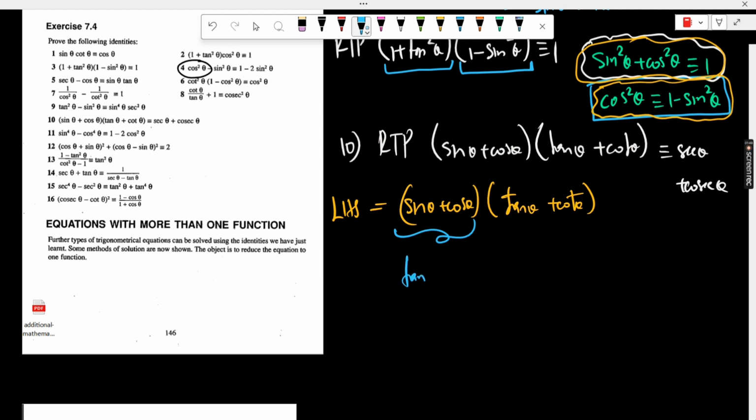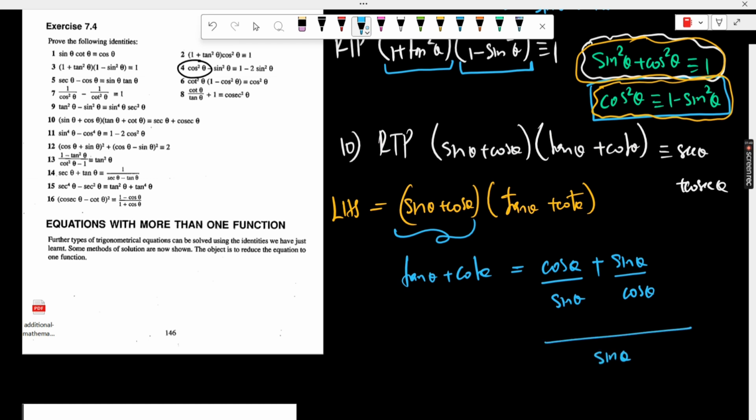So tan theta plus cot theta is the same thing as cos theta over sine theta plus sine theta over cos theta. Now, should I go any further with that? I think I could go a little bit further, yes. So I will draw a line underneath for my common denominator, which is sine theta cos theta. Then sine theta into sine theta cos theta leaves cos theta, so I divide the denominator sine theta into this.